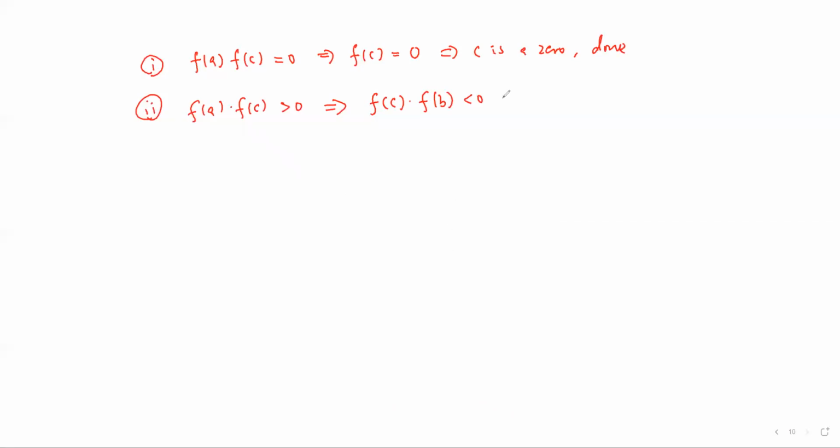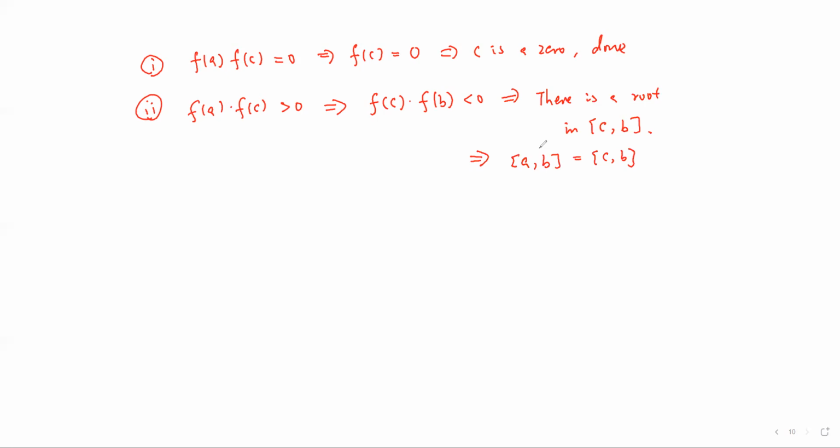So there is a root in this interval C to B. In this case, we rename the point C as A. Then we also have a new interval AB, but this new interval is half the length of the original interval AB. Yeah, this is the idea.